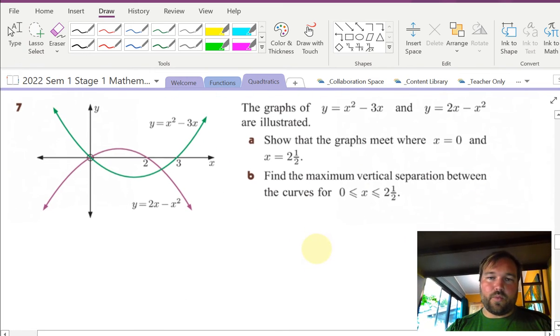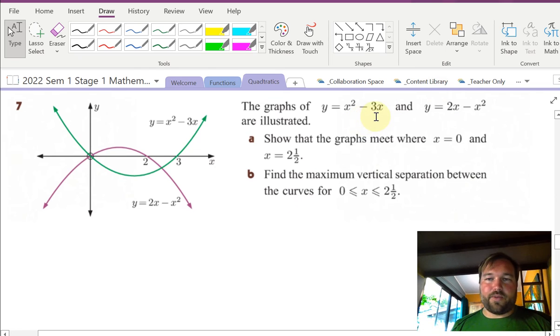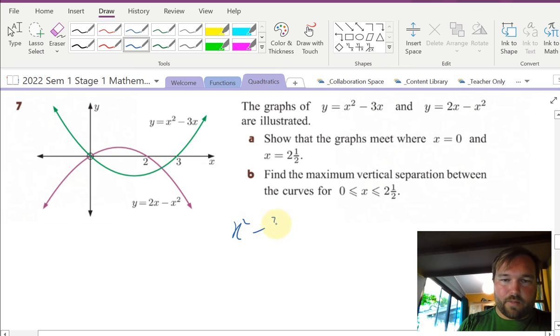The graphs x squared minus 3x and 2x take x squared are illustrated. Show that the graphs meet where x equals 0 and x equals 2.5. Alright, so we've done where graphs meet before. You set the equations equal to each other. X squared minus 3x equals 2x minus x squared.